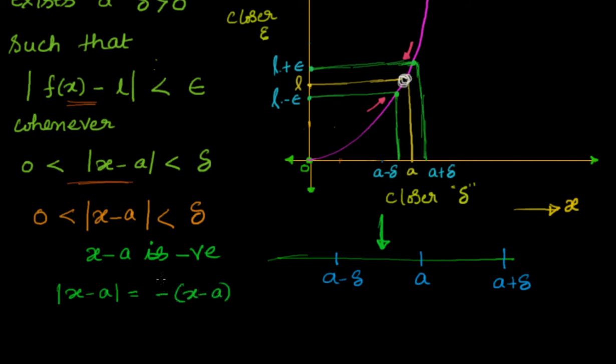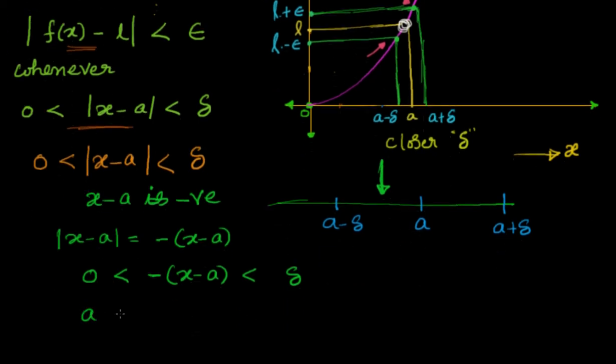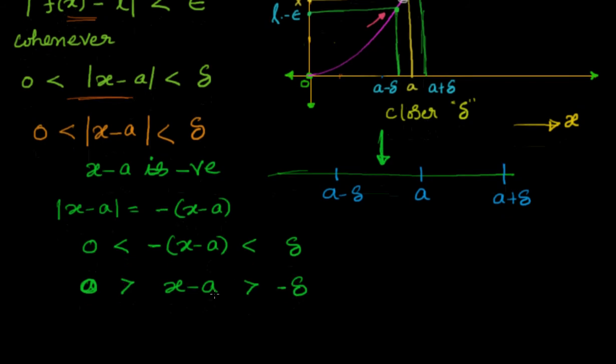So we got 0 less than minus of x minus a less than delta. Can I write it as 0 greater than x minus a greater than minus delta? Whenever you multiply by minus, you have to flip the inequality.